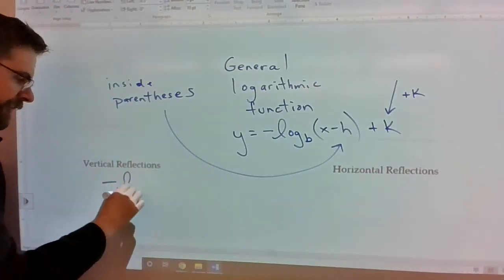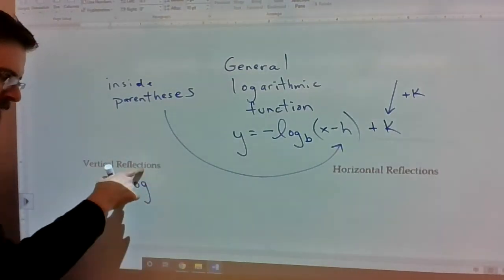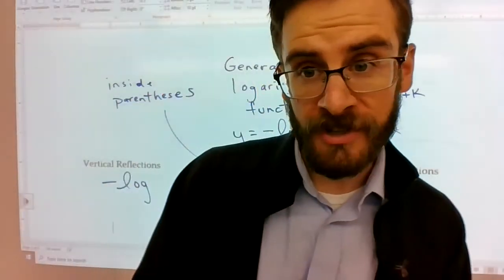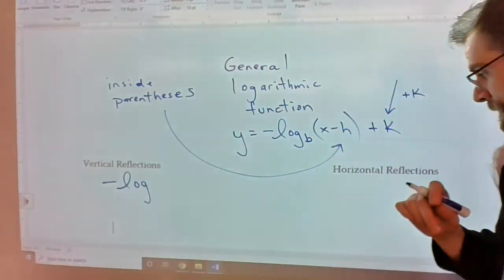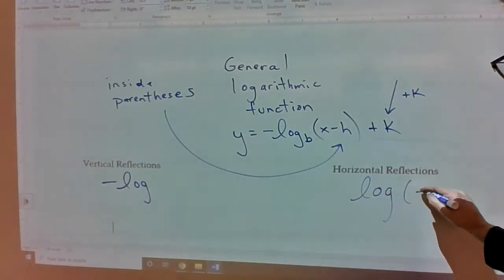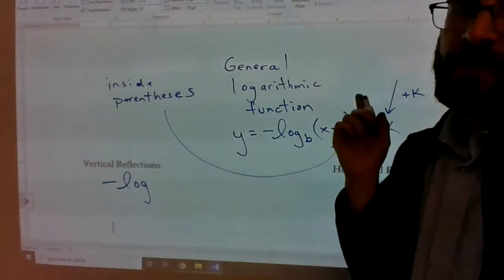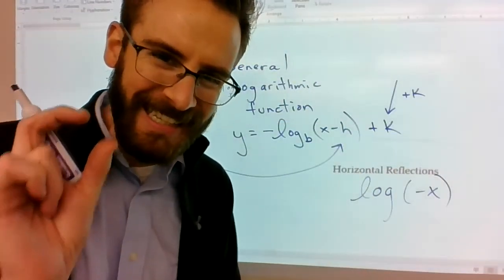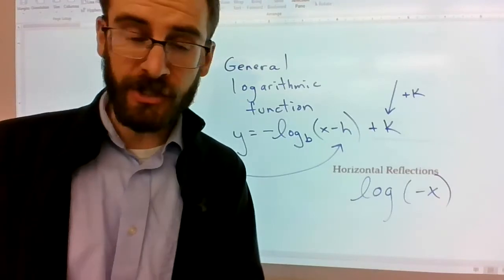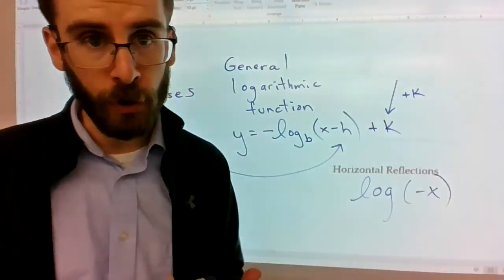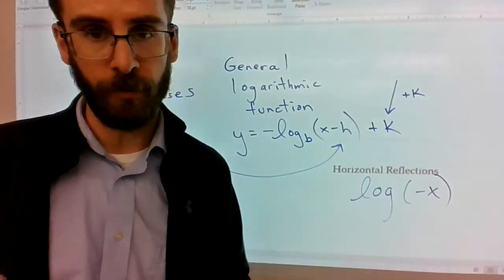The negative on the outside of the log gives us a vertical reflection. That negative right there. What would give us a horizontal reflection? It's the negative on the inside of the log. So I'll talk about that more tomorrow, but I wanted to just give you guys a little teensy taste of that as I ask you to build 4 functions with either a horizontal shift, a vertical reflection, or horizontal reflection.